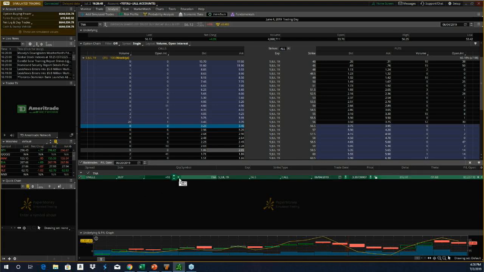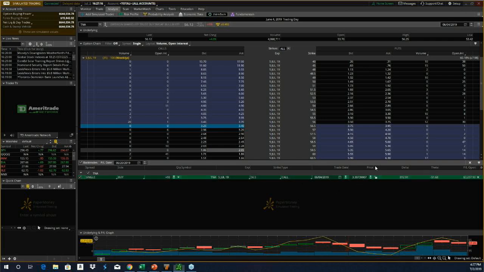So these 56.50 strike calls based on 10 contracts purchased at $3.31 generated a profit of $3,237.10 before commissions and fees. So we pretty much hit a double on this one. Pretty much doubled our money, just a little bit under 100% return on this particular move.